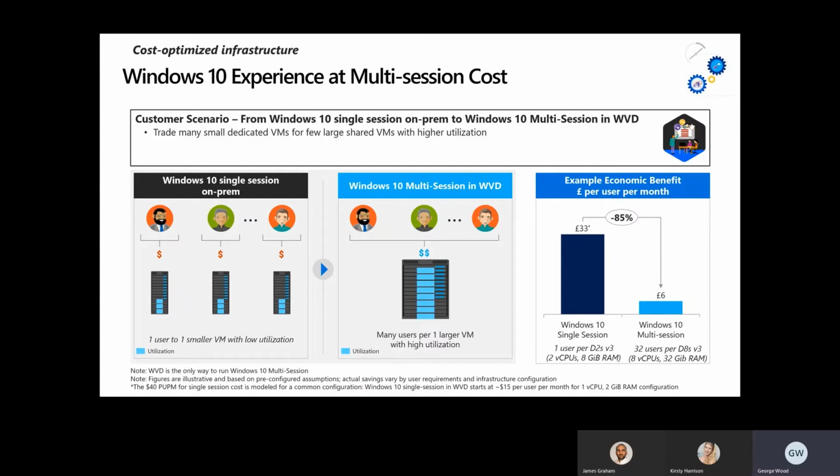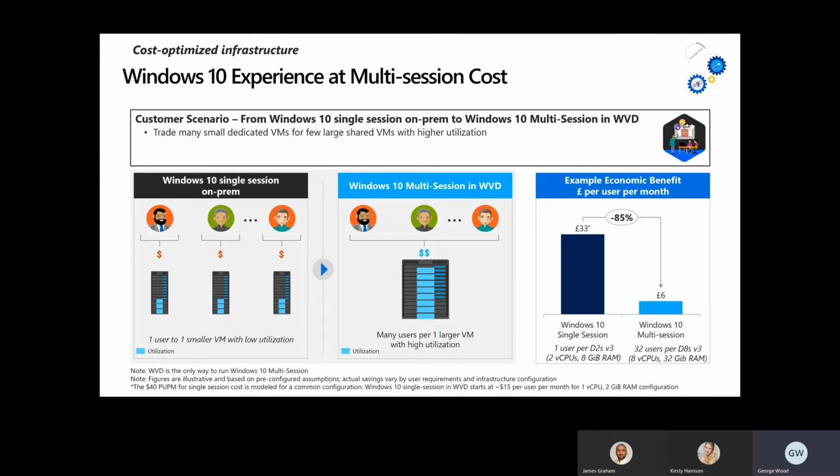And the way that compares, if we look back to a potentially more traditional deployment, which is even potentially when you have physical devices, if you have a Windows 10 single session on premises where each user gets their own machine, that can actually be quite expensive, especially if those users aren't actually utilizing as much of that machine as they could be. So moving to Azure and getting those users grouped basically into one machine and supporting multiple sessions per VM actually allows you to make quite a big cost saving.